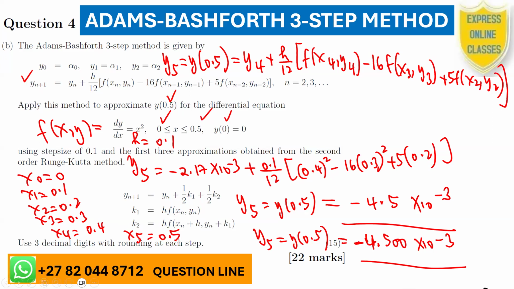And we've had a chance to study one of the methods that is highly examinable and must be understood, what we call the Adams-Bashforth method. It's very important that we are able to understand this method very well. The Adams-Bashforth 3-step method is a very important method that must be understood.